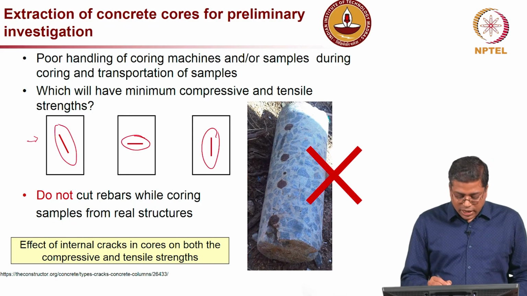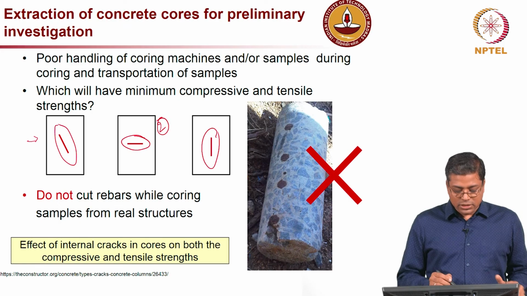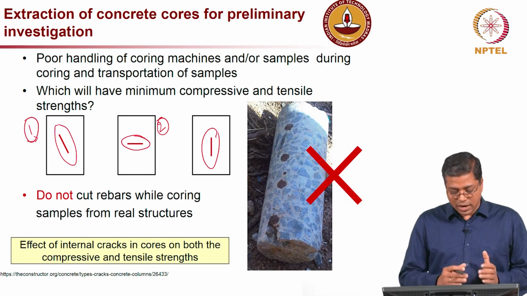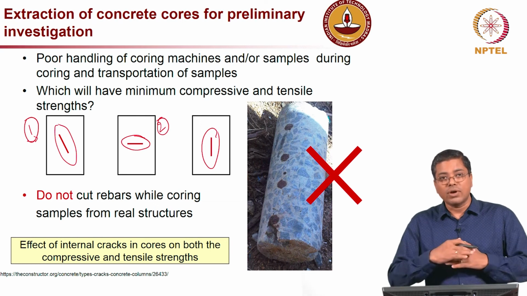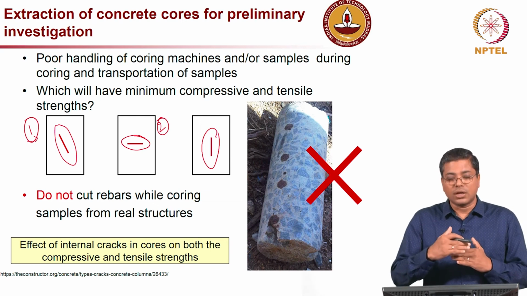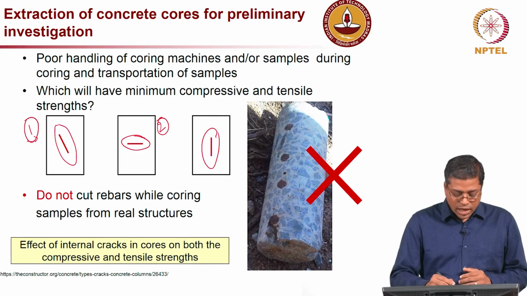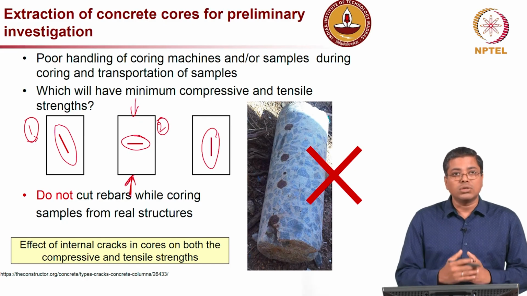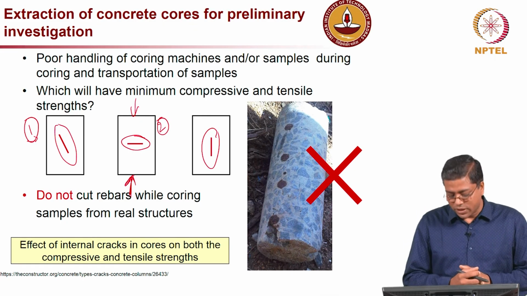In the second case, you have a horizontal crack, perpendicular to the direction of application of the compression load during the testing, that will close the crack. So, it will not really affect the test result.